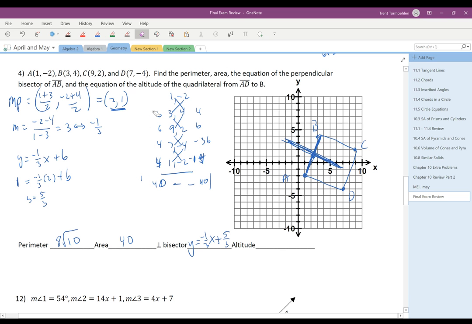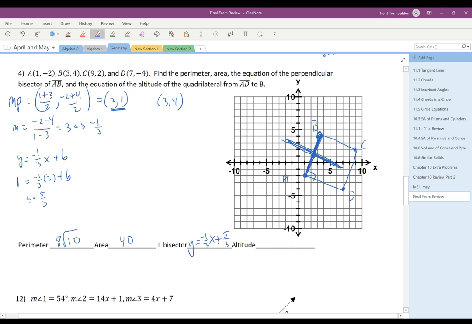And then it said you need to find the altitude of the quadrilateral from AD to B. So this is AD to B, and we need to go from this point at a right angle down to here. We already know the point that our line's going to go through, that's B, so our point is (3, 4).